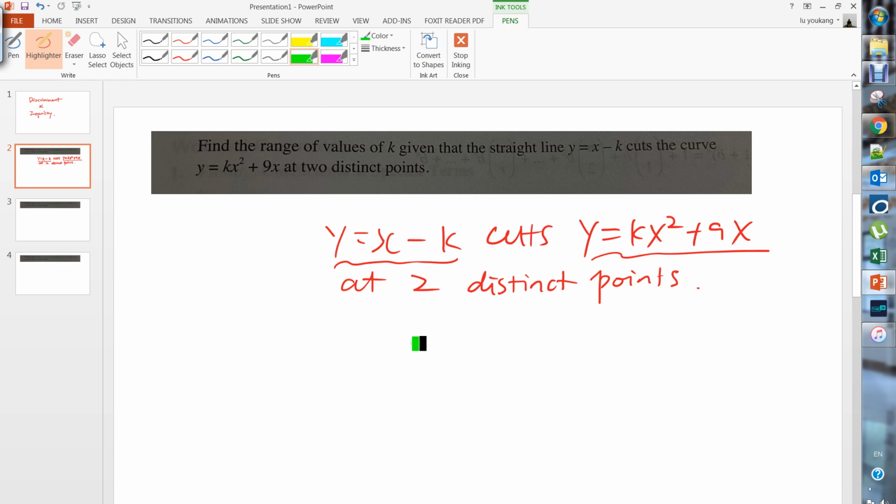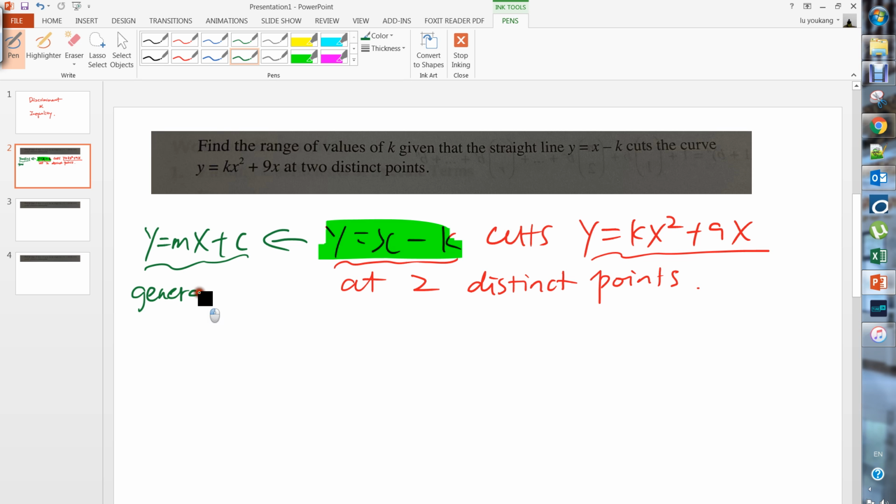Before I go and find the solutions for this question, I would like to emphasize, clearly this is a straight line. How can you tell it's a straight line? This is y equals mx plus c, the general form of a straight line.